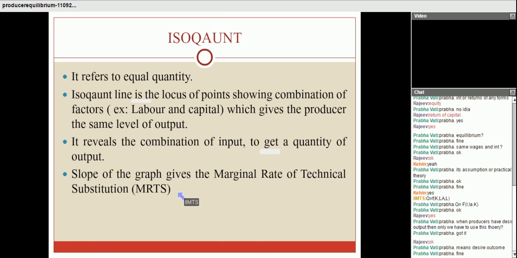If we are doing away with a little bit of capital, how much labor will we have to increase to get the desired level of output? This is not so important, but you should know the definition of the marginal rate of technical substitution. You can find it in the content of the book you have. Shall I go ahead?